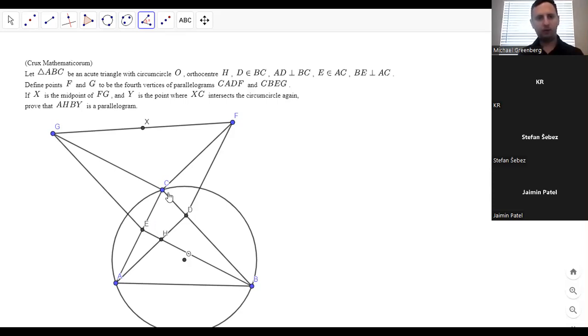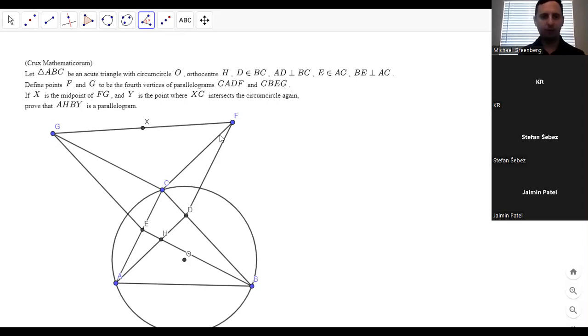So CGF and CED, their sides are in the same ratio, but their angles are 180 minus each other. Is XC perpendicular to FC, GC? Oh, no, this isn't a right angle right here.